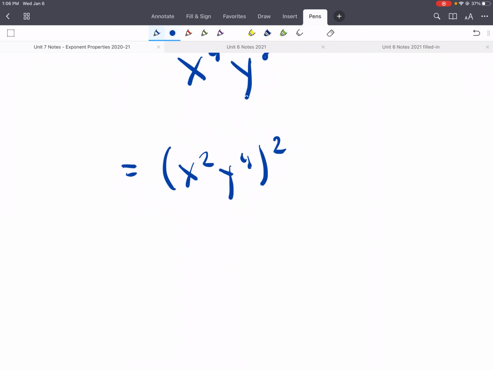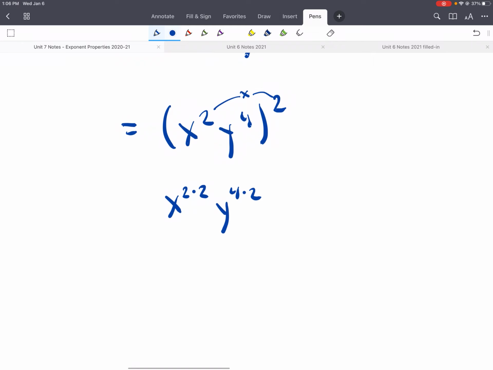This is probably more what I'm trying to get us through. Since it's a power to a power, exponent to an exponent, we will multiply. So that would be x to the 2 times 2 and y to the 4 times 2. That's x to the 4th, y to the 8th. You get the same thing.